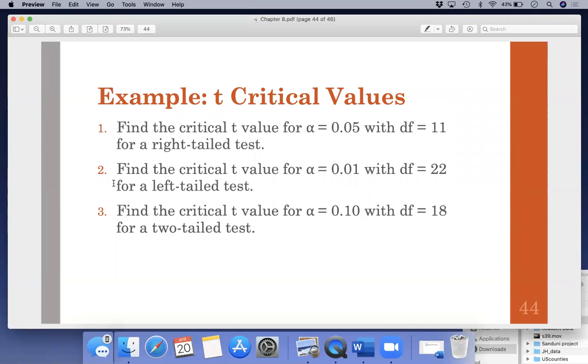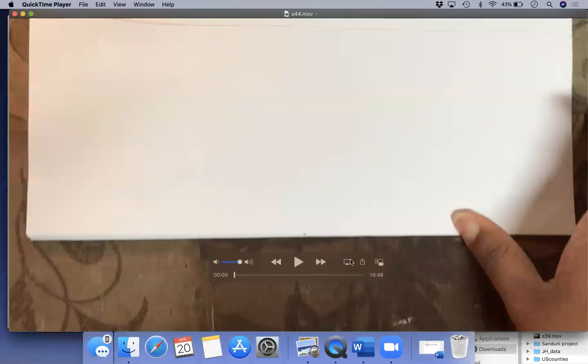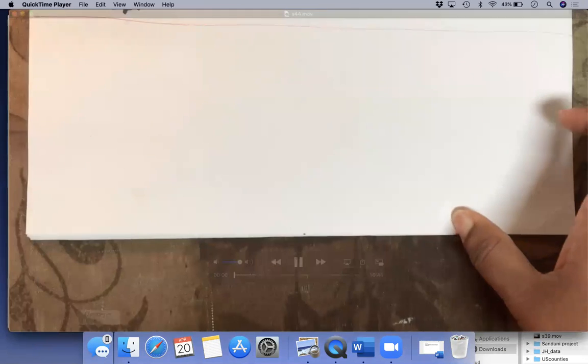But this is slide number 44. Using these three examples, I will tell you how to find any t critical value.